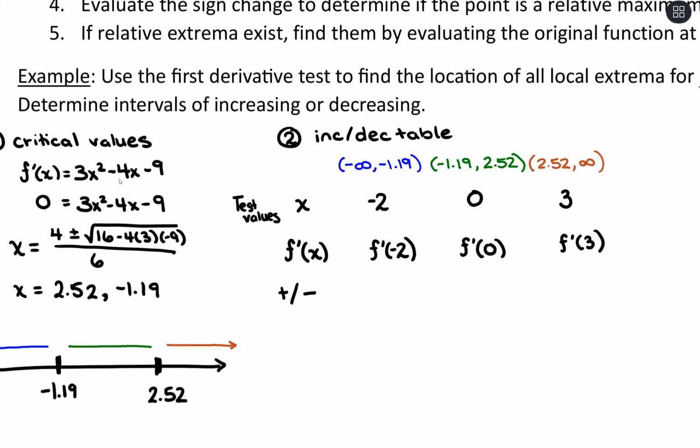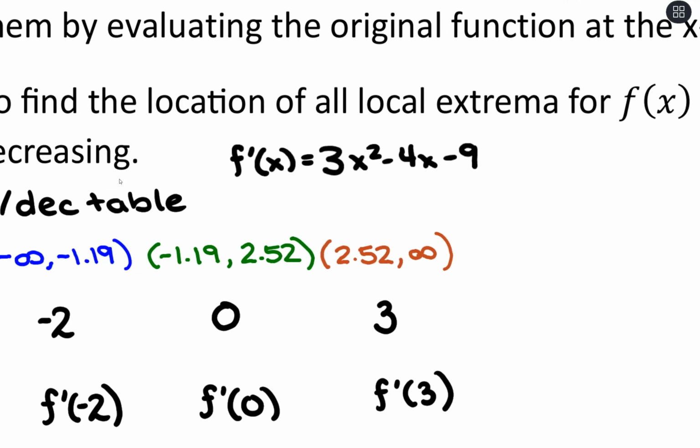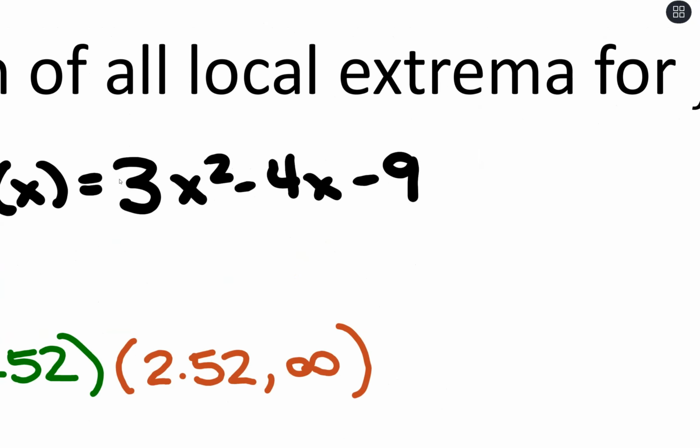So our first derivative function, just going back to what we found when we were looking for our critical values, that was the 3x squared minus 4x minus 9. So if I'm plugging in -2, I'll have a positive 4 times 3, so a positive 12, plus 8, so 20 minus 9.